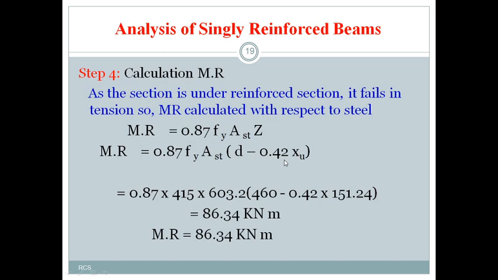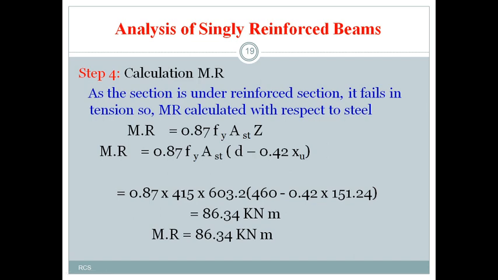Here the students should not get confused. In the problem, he has asked just to calculate the moment of resistance. He has not asked for the limiting moment of resistance. So he has mentioned just moment of resistance, which means you have to use just the actual depth of neutral axis only. If he specifically asks you to calculate the limiting moment of resistance, or ultimate moment of resistance, or the maximum moment of resistance, if we use this kind of words in the problem, then in place of Xu you have to substitute Xu max.